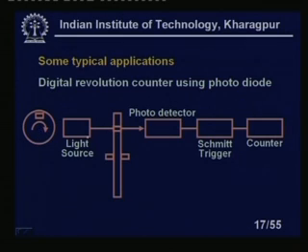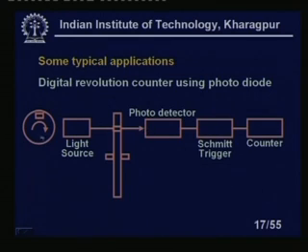When the hole on this circular disk and the photo detector, which is a photodiode, come in one line, then only some light will fall on the photo detector, otherwise not.